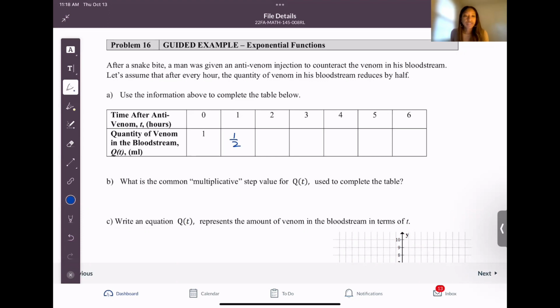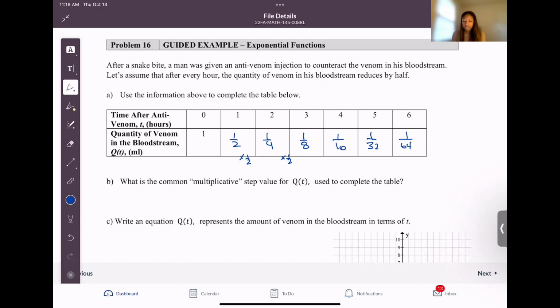After another hour, we multiply by 1/2 again and have 1/4 of a milliliter. We keep multiplying by 1/2, which gives us 1/8, then 1/16, then 1/32, and 1/64.